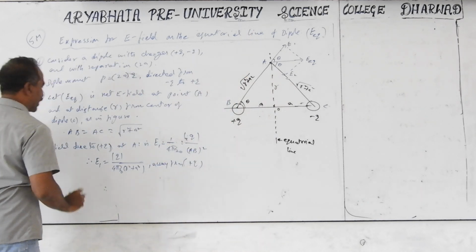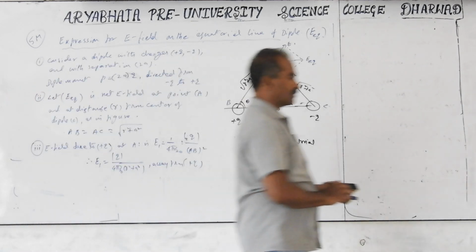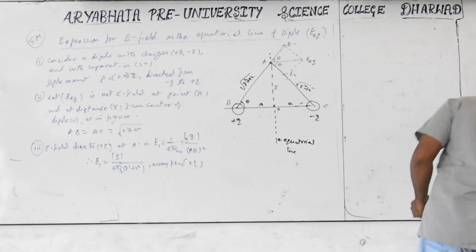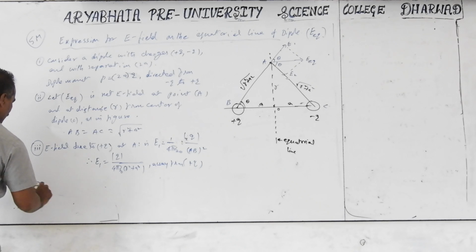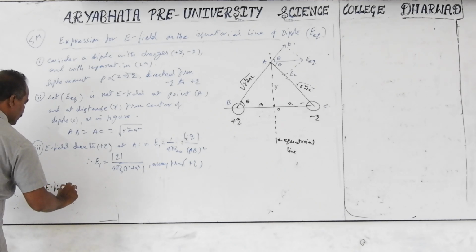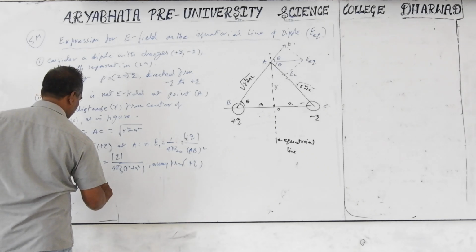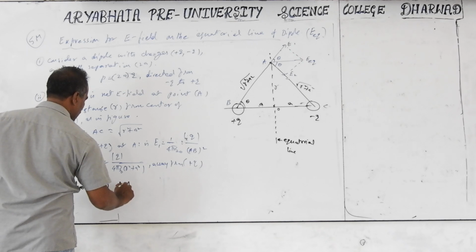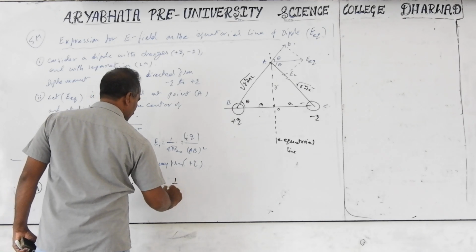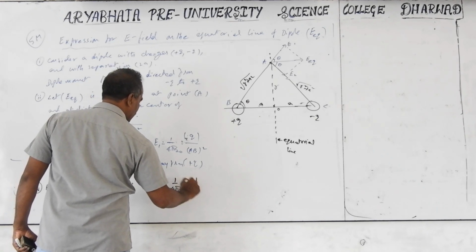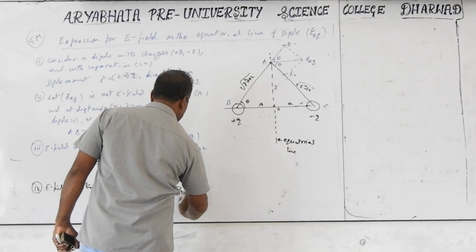Next is the electric field due to minus q at the same point. Field due to minus q at A is E2 equals 1 by 4 pi epsilon naught into mod of minus q, which again becomes plus q, by distance square.